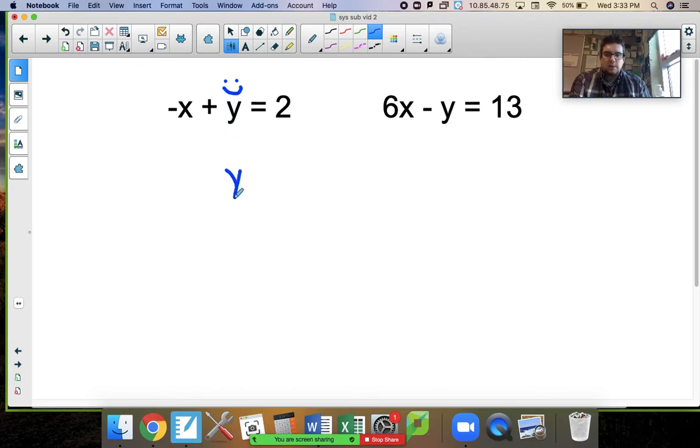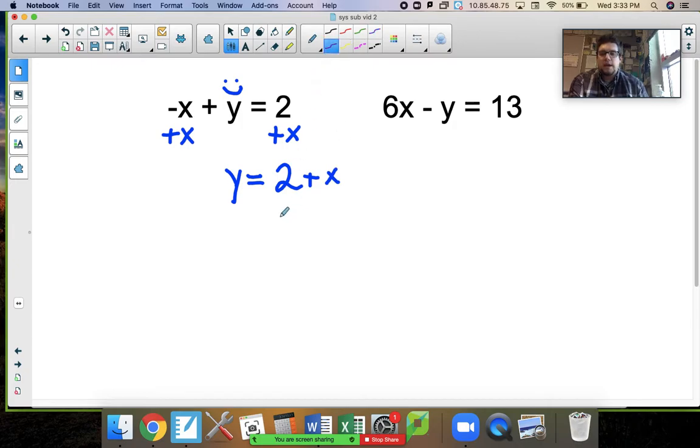So at the end of this problem, my equation is going to say y equals something. Well, for y to stay, this negative x has to move. We do the opposite, so we're going to add it, because right now it's subtracting. We do that to both sides. The y carries down. 2 plus x, we could write it exactly as we see it, 2 plus x.